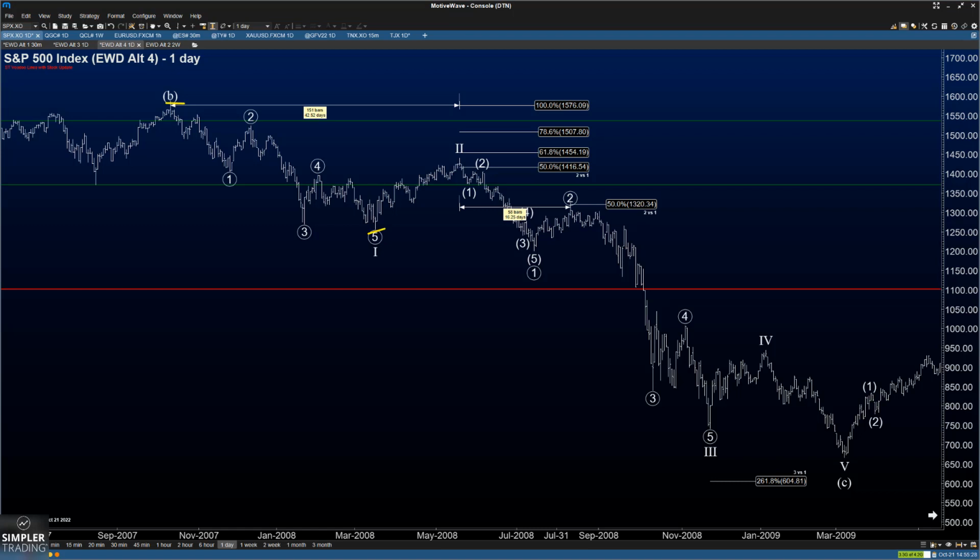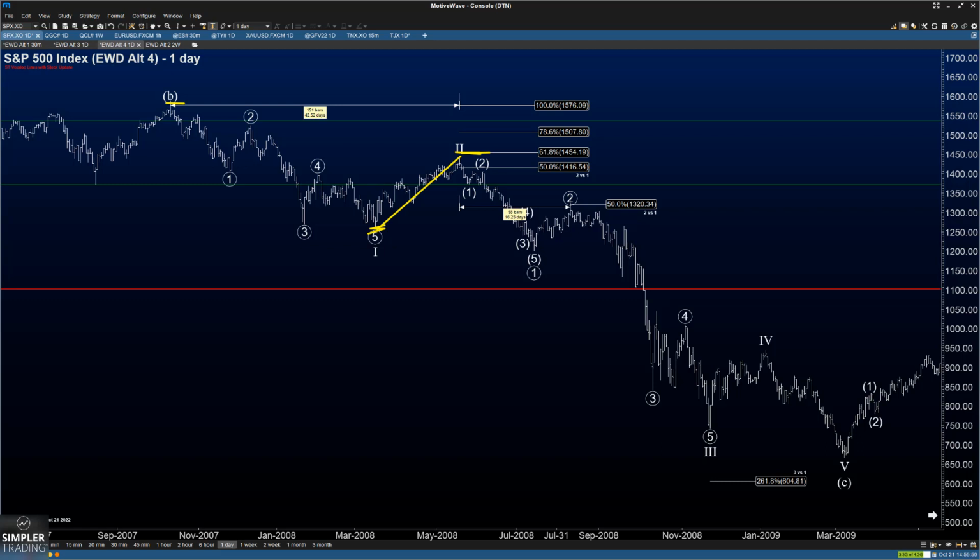If you wanted to figure out the 61.8% retracement, you would multiply that total move by 0.618, and that would be the value of the rise, and you would add it to this low to figure out what the 61.8% retracement level was.